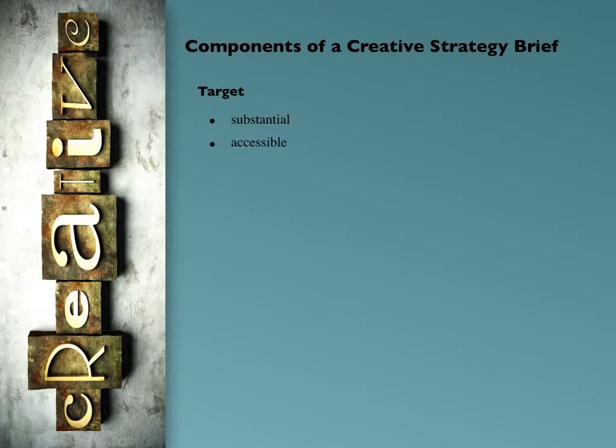Accessible. This means, can we get the ad to our target? If you were targeting senior citizens, you wouldn't want to put your ad on Instagram, because how many senior citizens are using Instagram? So it has to be accessible. The third thing is responsive.